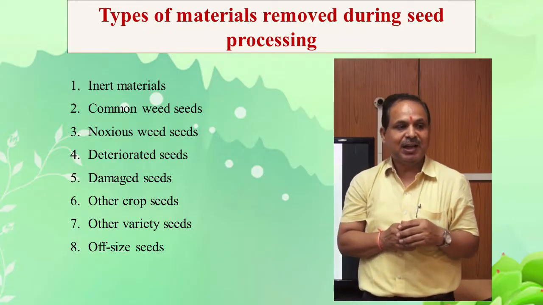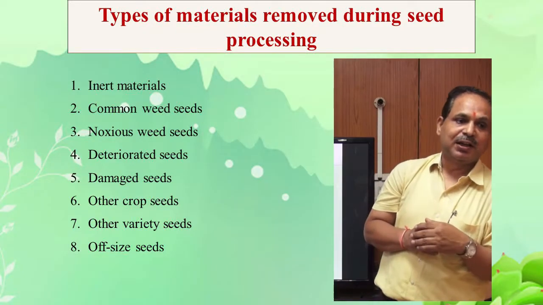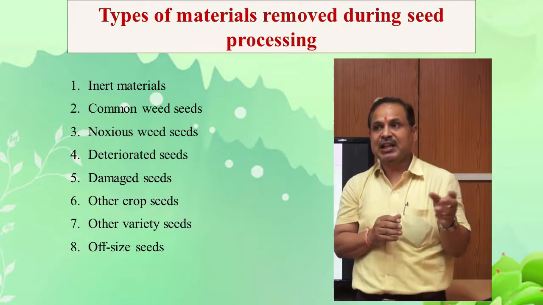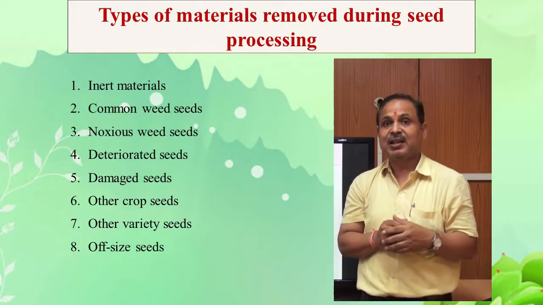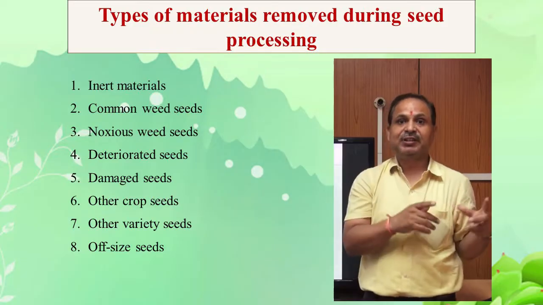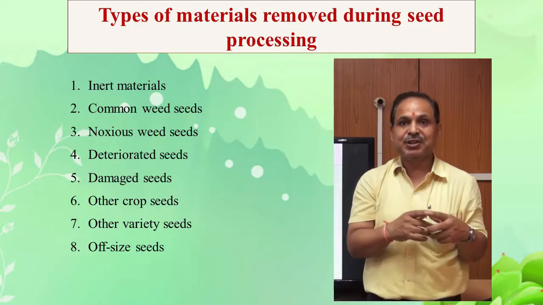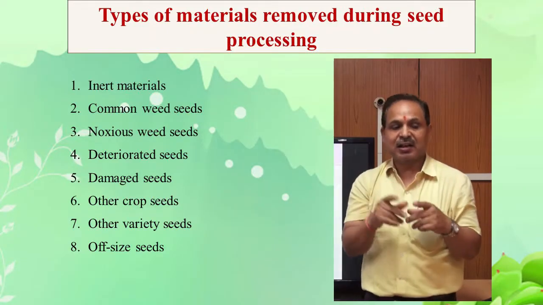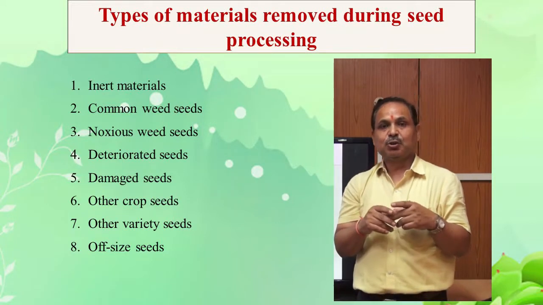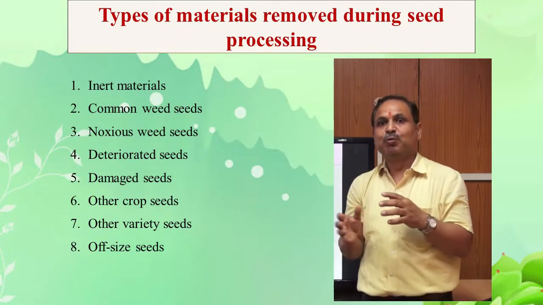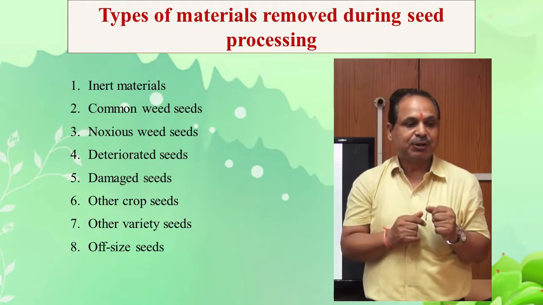So in this way, we have to remove this type of deteriorated seeds, and damaged seeds, meaning shriveled seeds, during the threshing process. If there is high moisture content, the seeds are cut and damaged. So we must remove these during the seed processing plants.